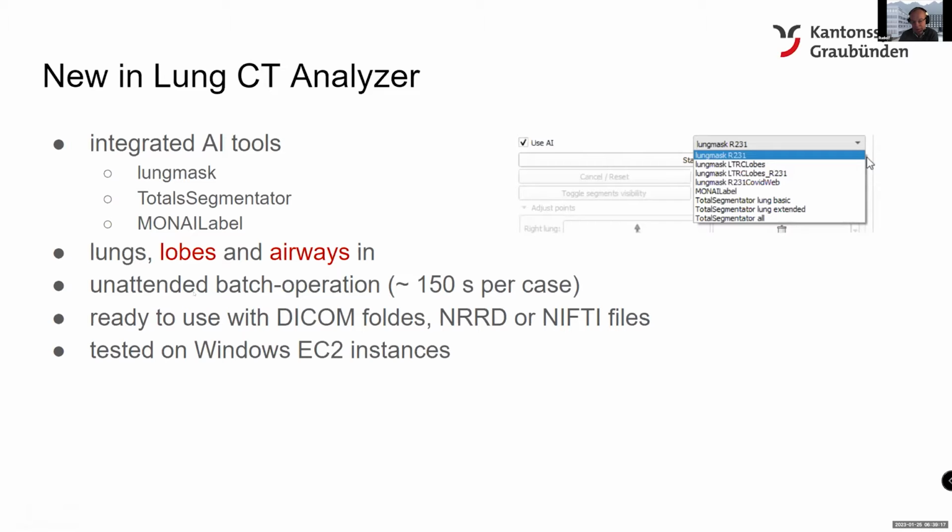This can be unattended as a batch operation and takes about 150 seconds per case. It can be done with DICOM folders, NRRD files, or NIfTI files. And it has been tested on these AWS EC2 instances already.